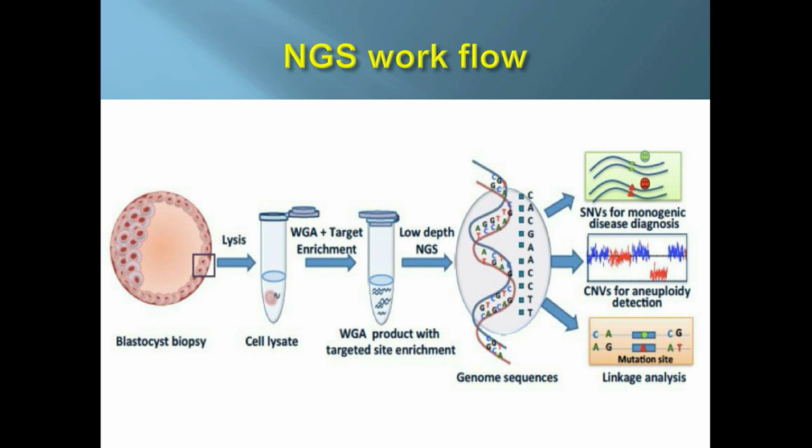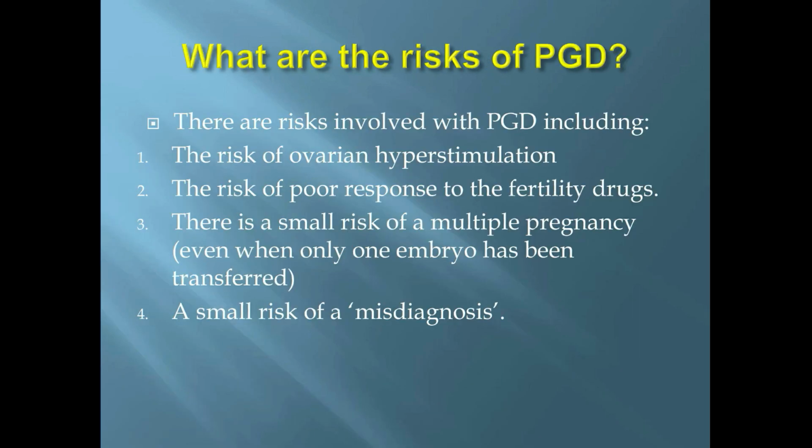For instance, if it is only a single gene mutation, it is also beneficial to do the target enrichment. Then undergoing what we call a low-depth NGS, which is sequencing of the genome. So you can detect monogenic disease, you can detect CNV for aneuploidy, and you can detect single gene diseases by linkage analysis.